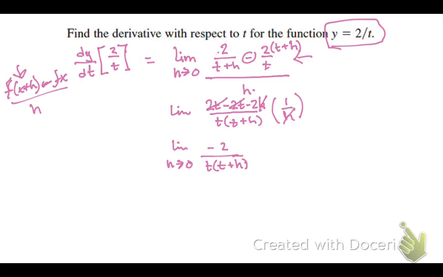So my h is going to become what? 0. So f prime of x, or the derivative of x, is negative 2 over 2t. So it is negative 1 over... How about t? Not 2.